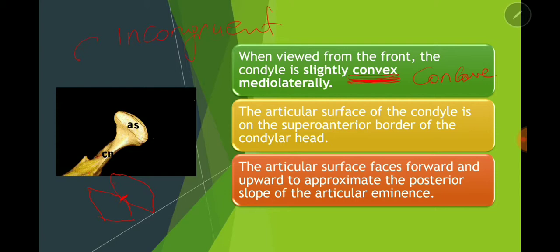So the articular disc has to be biconcave. The condyle is convex and the articular disc is concave.